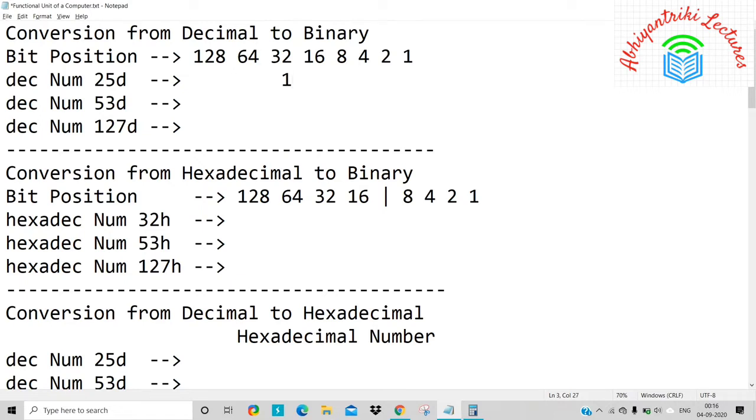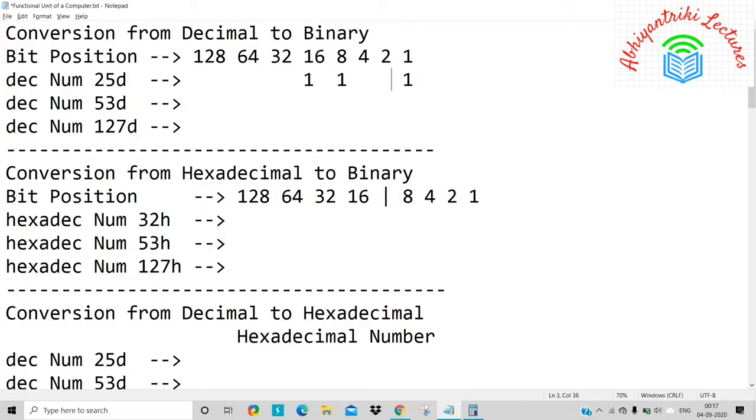So put this 1 just below the 16. 16 plus 8 is 24, which is less than 25, so add one more 1, so that it becomes 25. 16 plus 8 is 24, 24 plus 1 is 25.